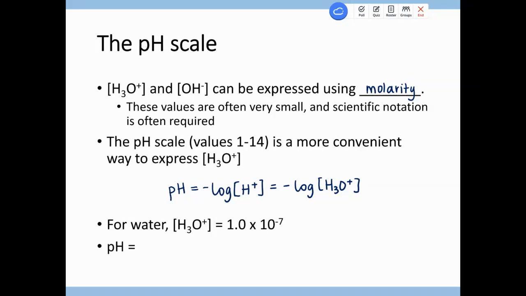So pH for neutral water, where H3O plus concentration is 1 times 10 to the negative 7, we would take negative log of 1.0 times 10 to the negative 7. If you plug that into your calculator, you will get the value 7.